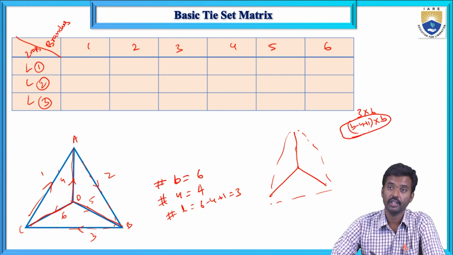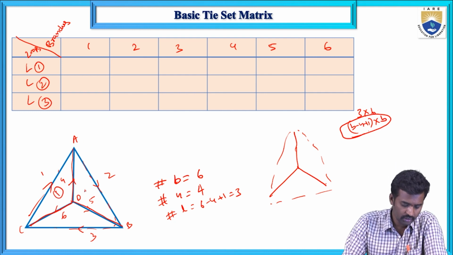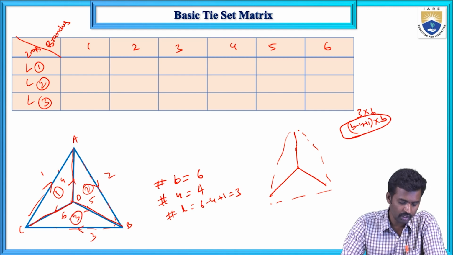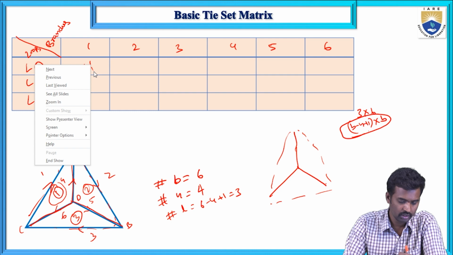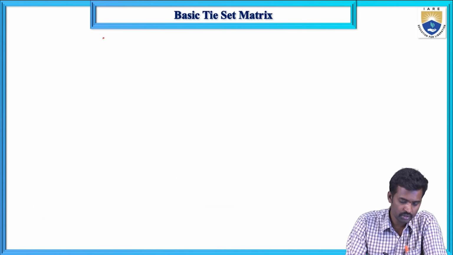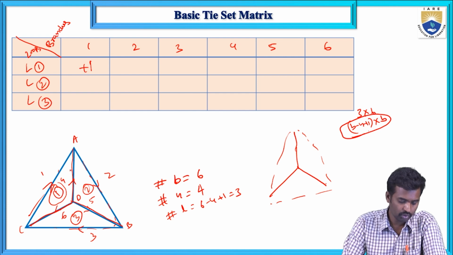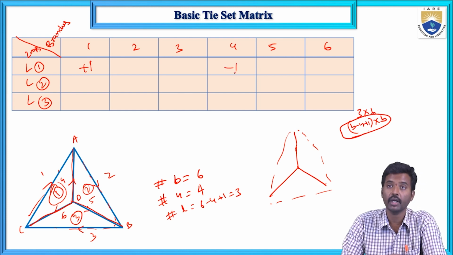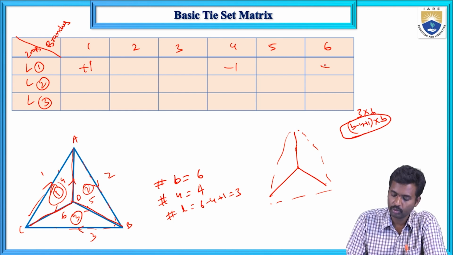Now 3 number of links. Now here first one, second one and third one. First one, the associated elements are: the first one has the same direction, this direction, plus 1, plus 1, plus 1, and the fourth direction is opposite, minus 1, and this sixth direction is the same, so plus 1.